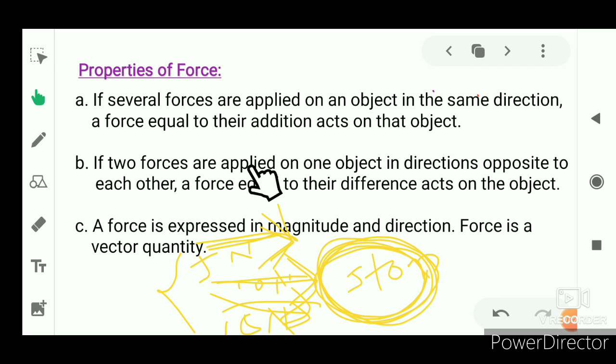Second thing, if two forces are applying on an object in directions opposite to each other, a force equal to their difference acts on the object.